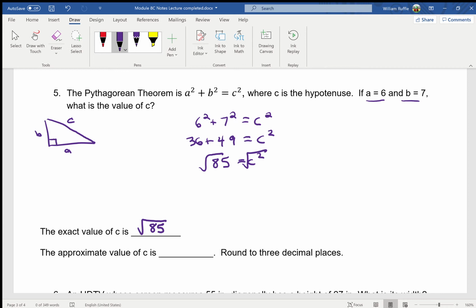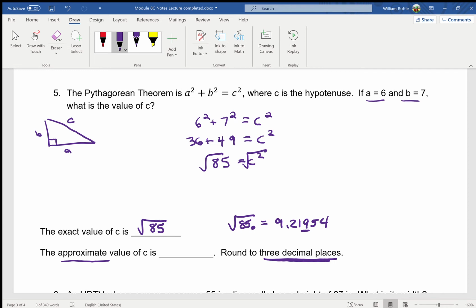Now remember, this next one, the approximate value, we want to go to 3 decimals, so I got to type it in the calculator. Just as a reminder, if you have the TI-30X Multiview, you have to type 85 and then type the decimal point to get a decimal. If you don't, you're just going to get the square root of 85. So when I type it in, I get 9.21954, and there is more, but I only want 3 decimals, so I look at the 9 here.